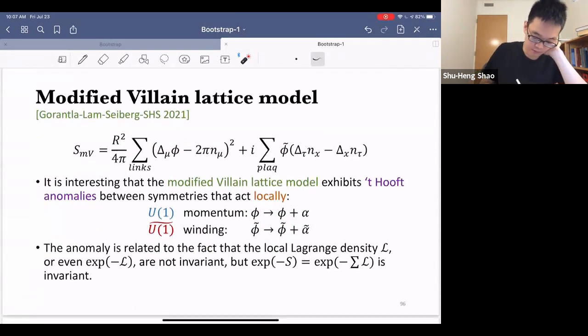It's interesting that this modified Villain model exhibits two 't Hooft anomalies between symmetries that act locally on our lattice field. Each one of them just shifts either phi or phi tilde. The anomaly is related to the fact that the local Lagrangian density, namely the summand here, is not invariant under the U1 cross U1 symmetry. Indeed, if you shift phi tilde, this term is not invariant, but only when you sum over them, it becomes a total derivative.